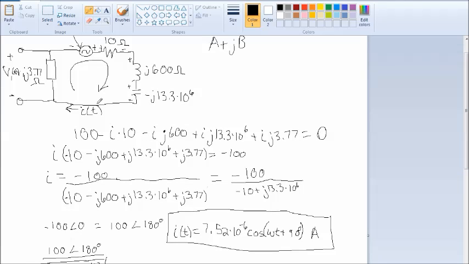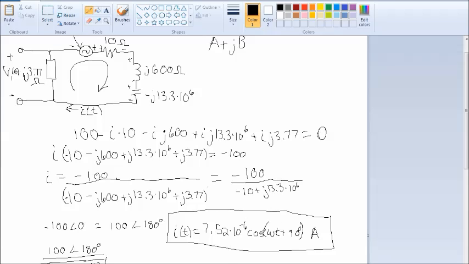So if you know the current, there's only one current. It's the same current going through everything. If you know the current and you know the impedance here, you can calculate the voltage. Now you have to keep in mind though that this is not a voltage drop. This is a voltage rise. So you will want to multiply this by -1.